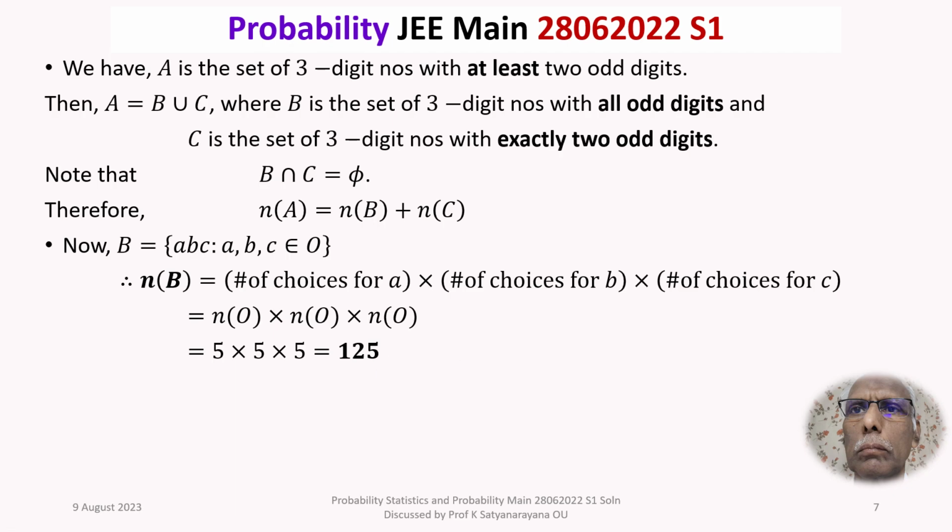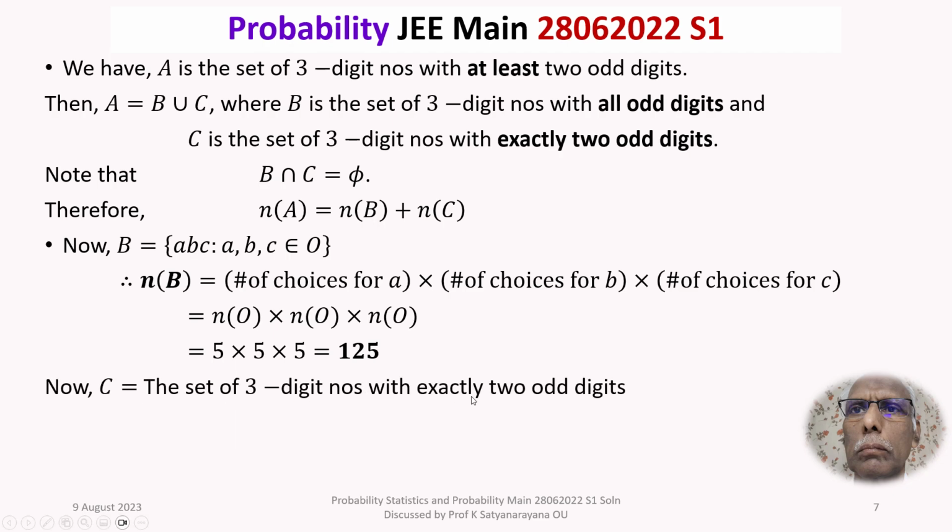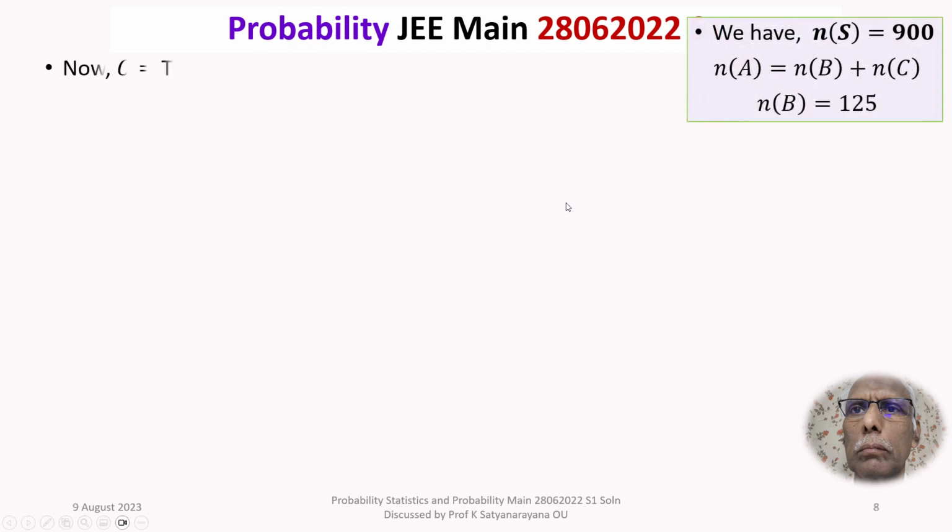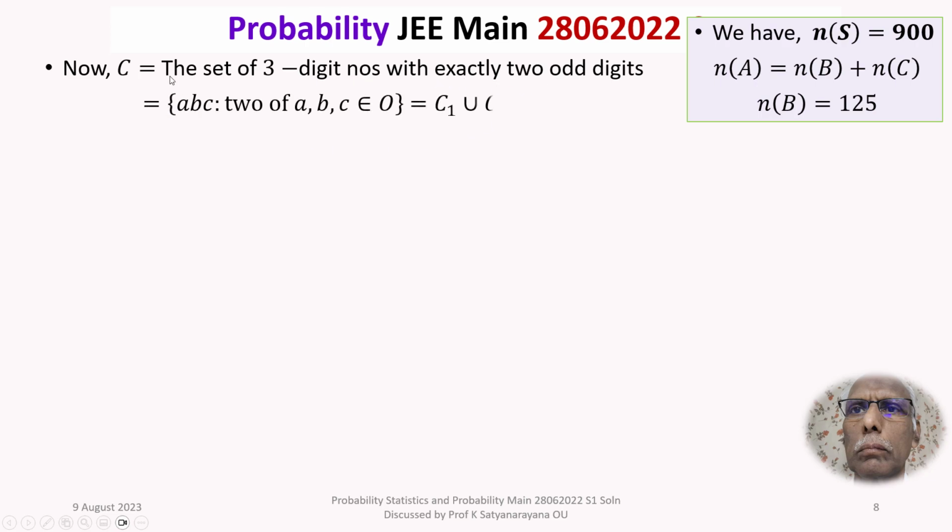Agreed. So now C is the set of 3-digit numbers with exactly 2 odd digits. That means the third digit is even. Then it is the set of 3-digit numbers ABC with 2 of these A, B, C belonging to O. That means 2 of them are odd.